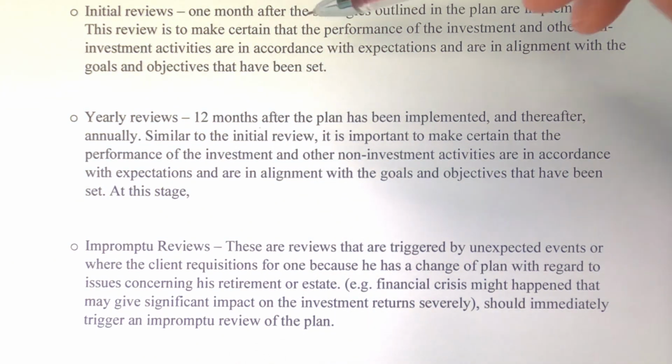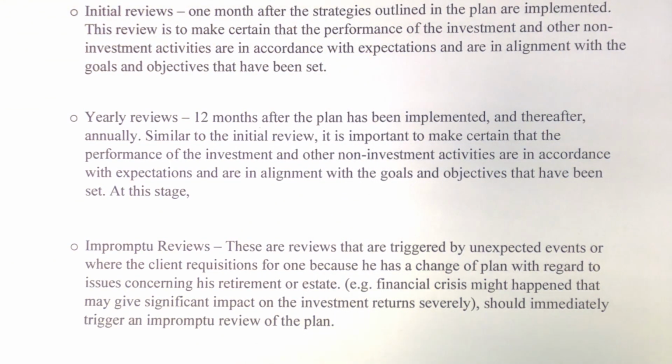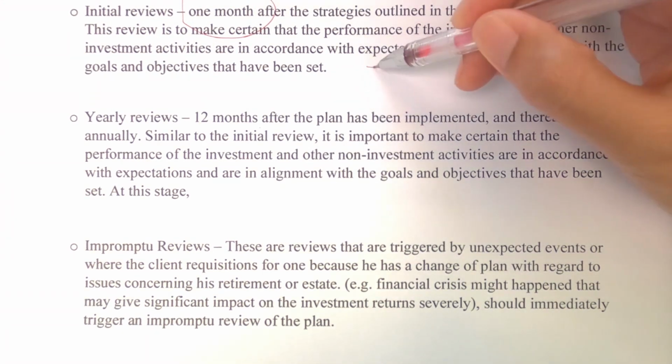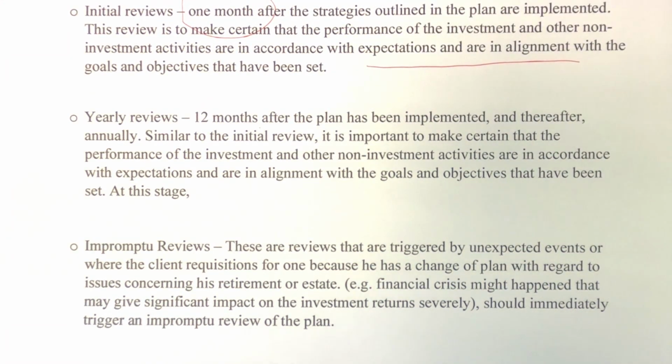The first one is the initial review, which takes about 1 month after the strategies outlined in the plan are implemented. This is to make sure that the performance of the investment and other non-investment activities tally with the expectation, and are in alignment with the goals and objectives that have been set.